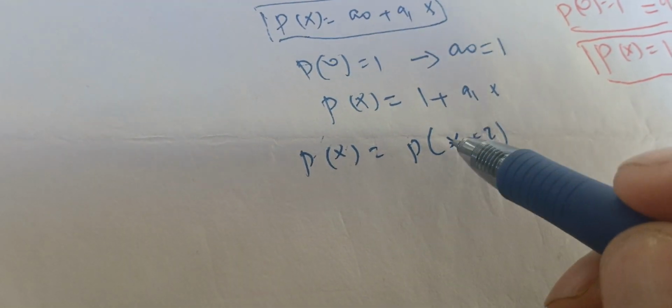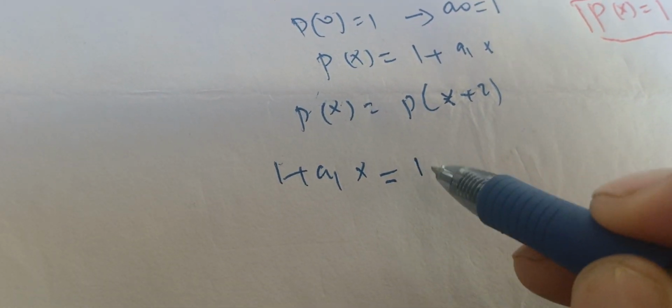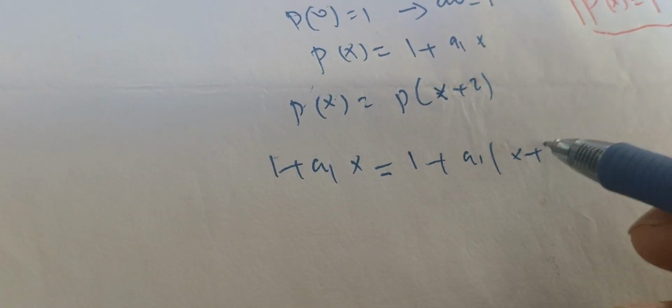The second condition is that p(x) = p(x+2). So let's set this one and see the general form of this solution. Once we do so, we have 1 plus a1x equals 1 plus a1 times (x+2).